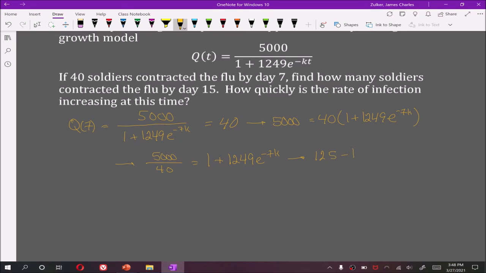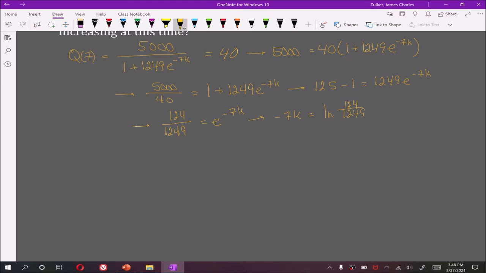So 125 minus 1 now is that 1249 e to the negative 7k, which means that 124 divided by 1249 is e to the negative 7k. Right? Negative 7k would then equal the log of 124 over 1249. Right? So k itself is negative log of 124 over 1249, all over 7.